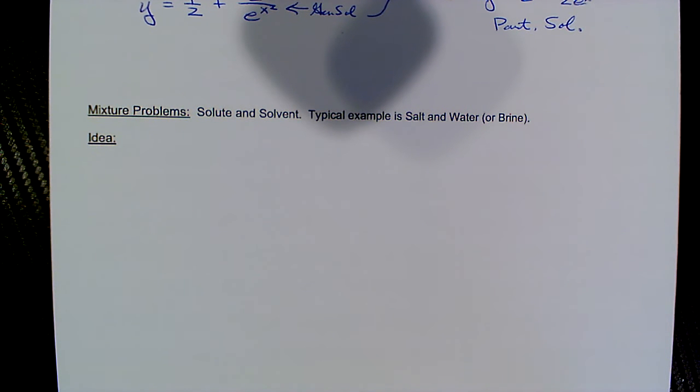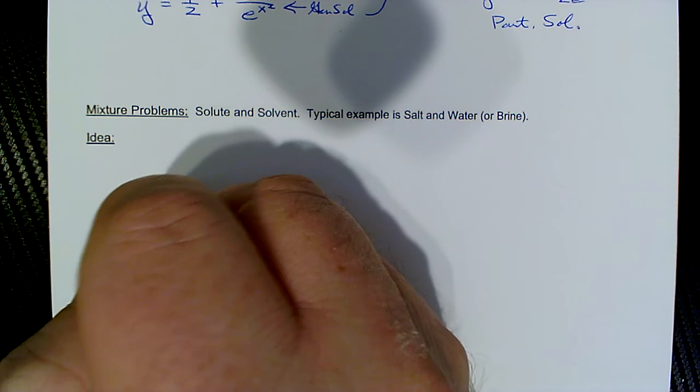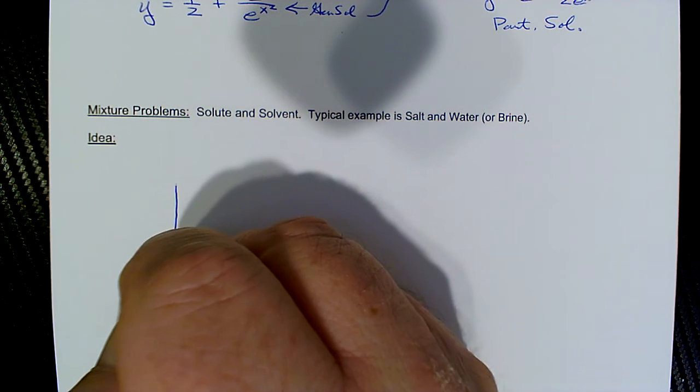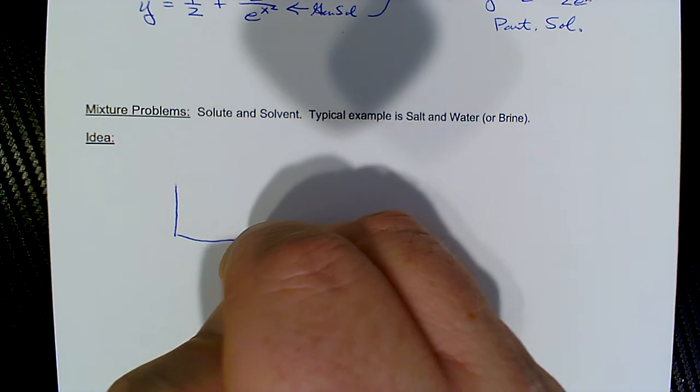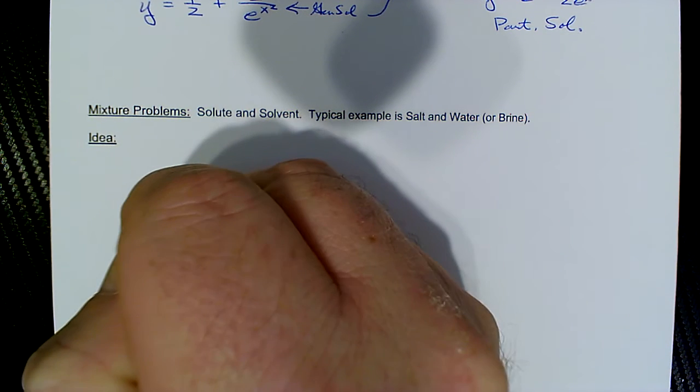With mixture problems we have a solute and a solvent. Typical example is salt and water, or brine. So here's the idea. Let's consider, I'm going to draw a little diagram here, a tank. I'll make a little cylinder looking tank.